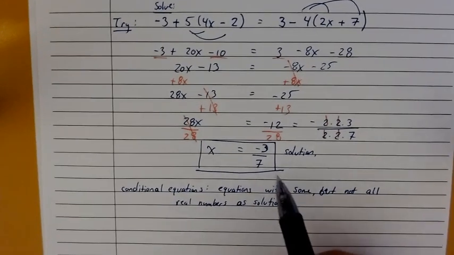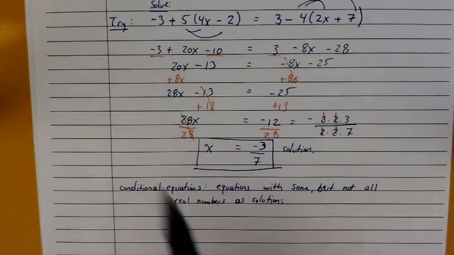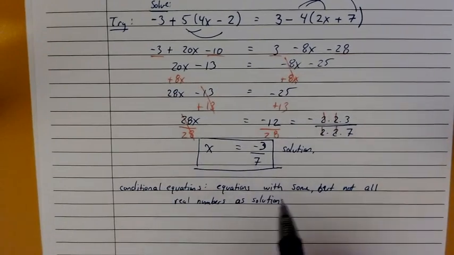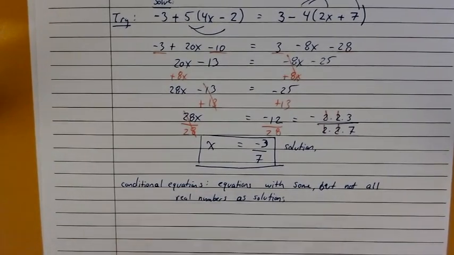Okay? This is what you'll usually have for equations. And in particular with linear equations, when you say some, really we mean 1. But there are 2 other kinds of equations. Again, most equations are conditional. Some real numbers are solutions, but some are not.